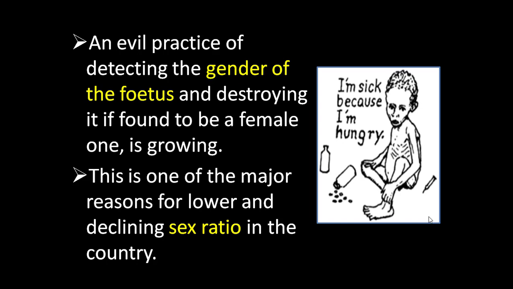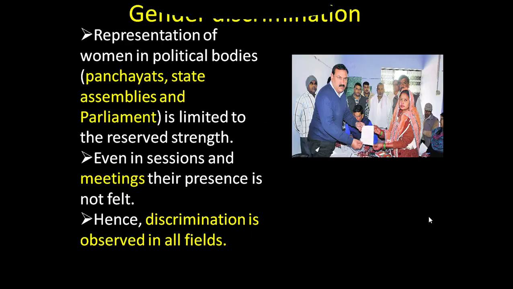If pregnant women get the test done inside the womb to know whether the baby is a boy or a girl, and if it is a baby girl, they are killing it in the womb of the mother. This is one of the major reasons for the lower and declining sex ratio in the country.